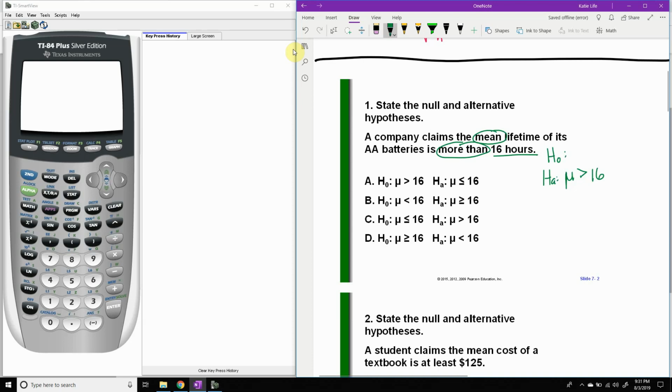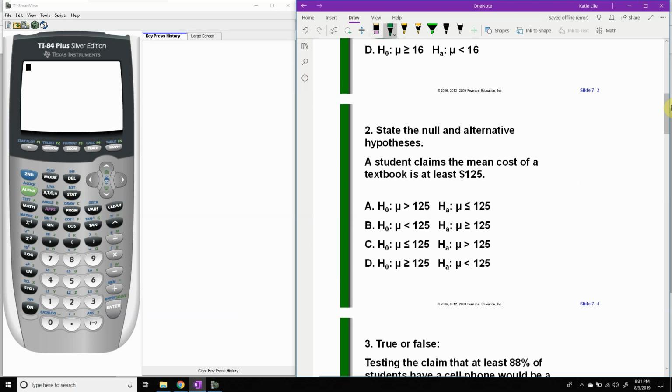So if the alternative hypothesis is the mean is greater than 16, then the null hypothesis must be that the mean is less than or equal to 16, the exact opposite of the other statement. So in this case, we're looking at C as the pair of hypothesis statements.